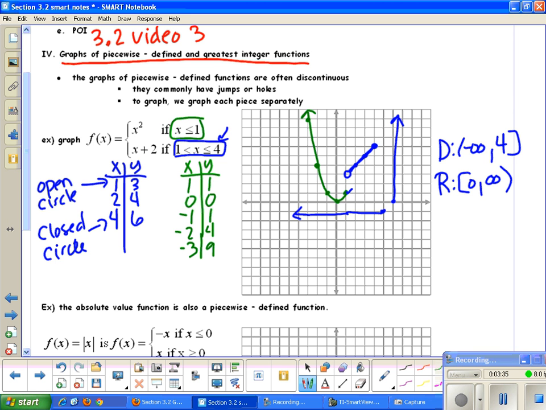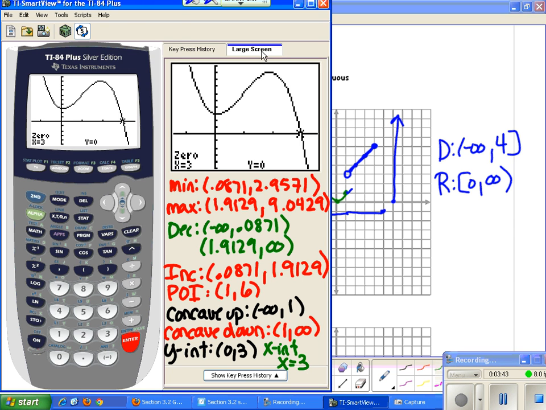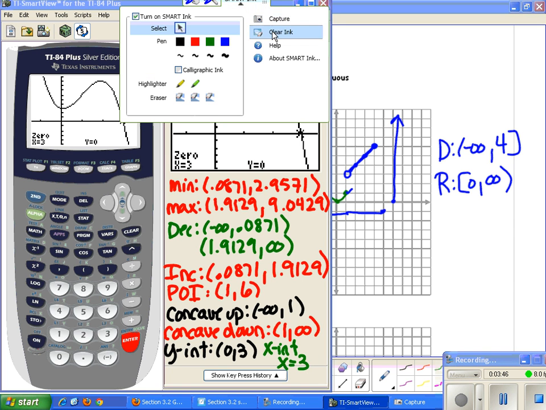Now, remember we said in the last section, 3.1, that we can graph this in our calculator if we want to. So if I graph this in my calculator, and I'm going to clear that out from the last video.